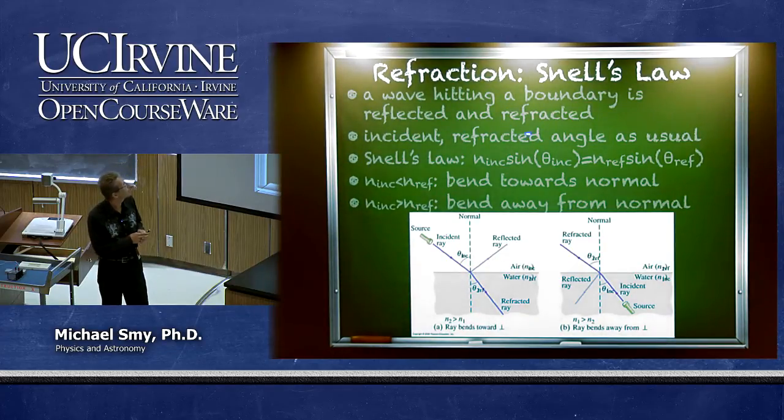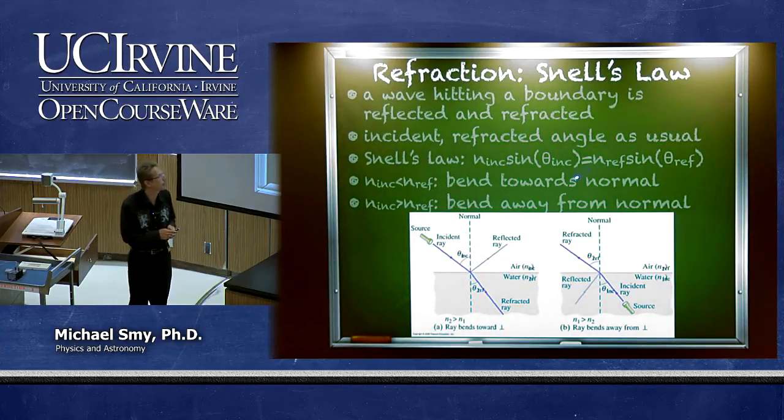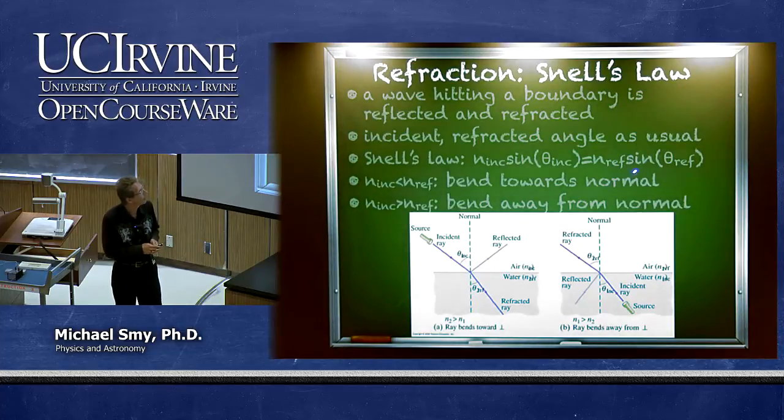And then the rule, or Snell's law, is that the index of refraction in the incident medium times the sine of the incident angle equals the index of refraction in the medium for the refracted beam times the sine of that angle.